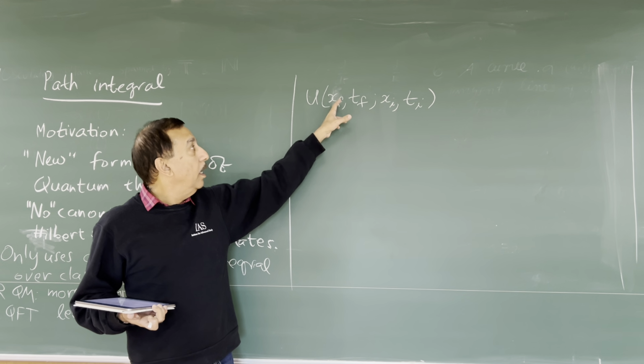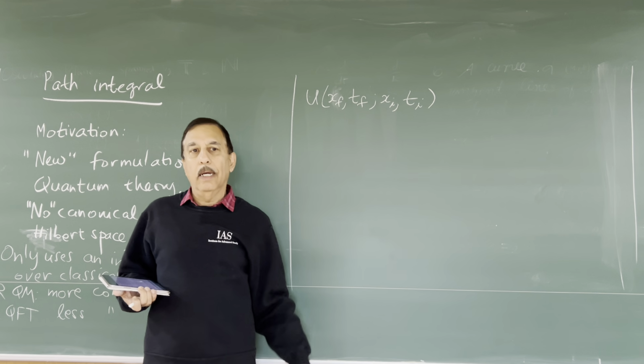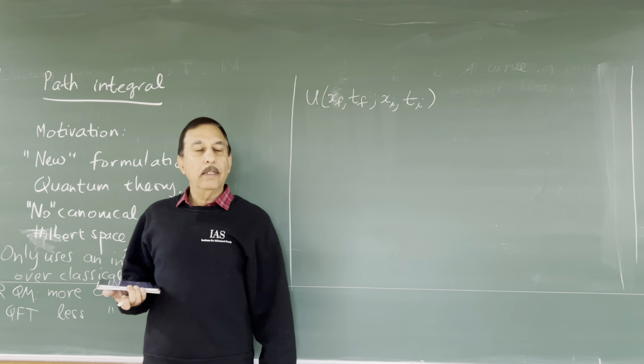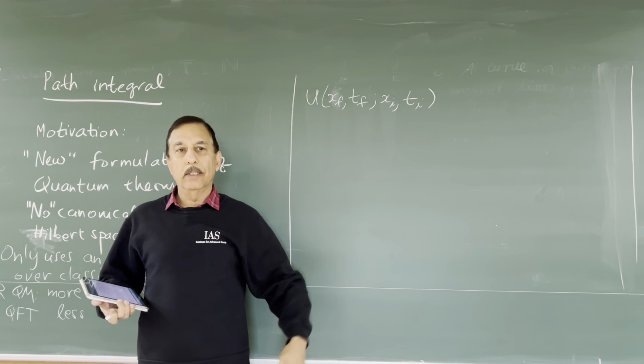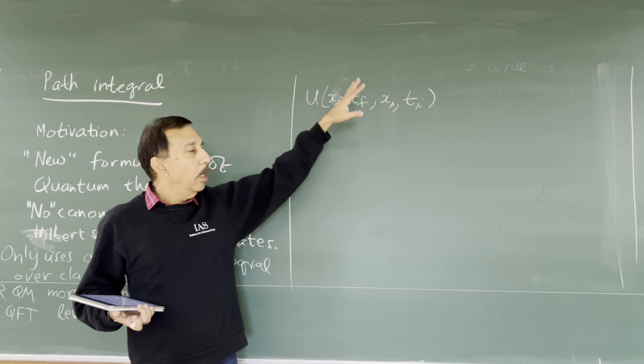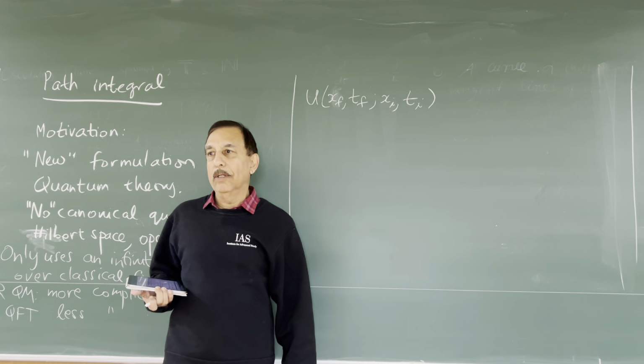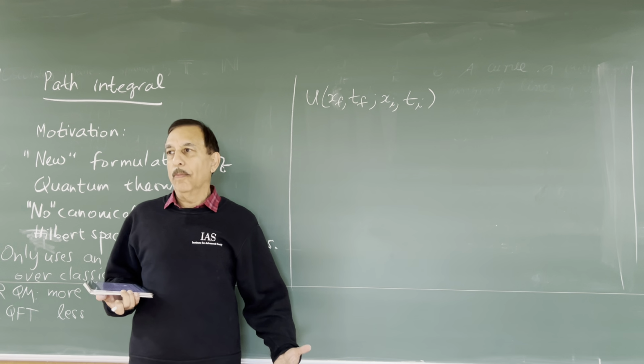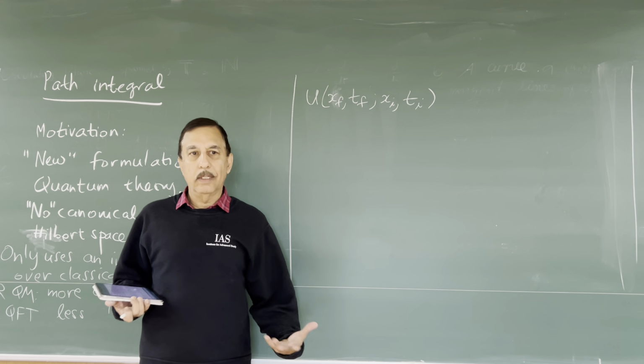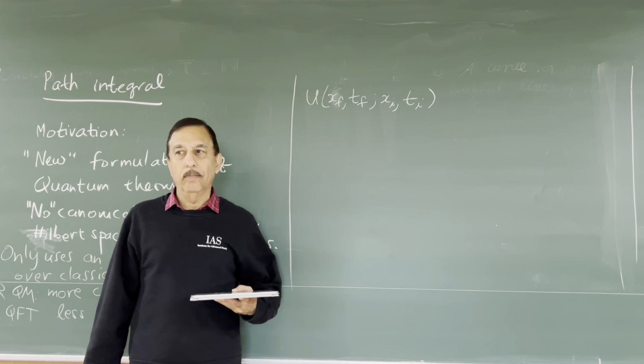And at time tf, it should have reached the point xf, and we ask what is the amplitude for this propagation. And as you know, if I take the mod squared of such an amplitude, then I get a probability for propagation from one point to another, which is a calculable thing in quantum mechanics.